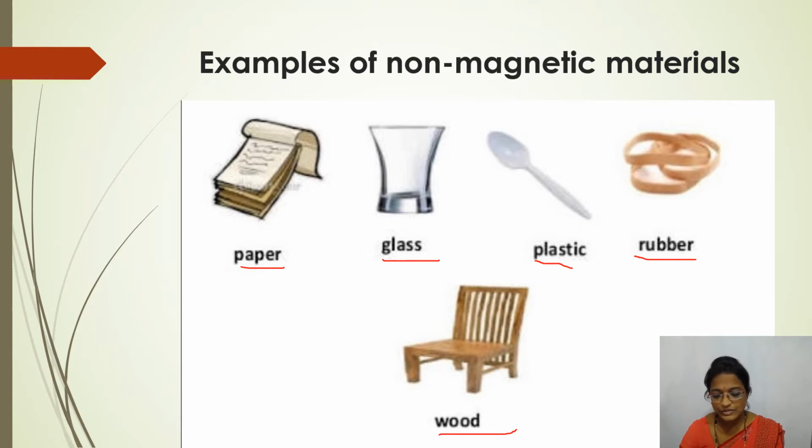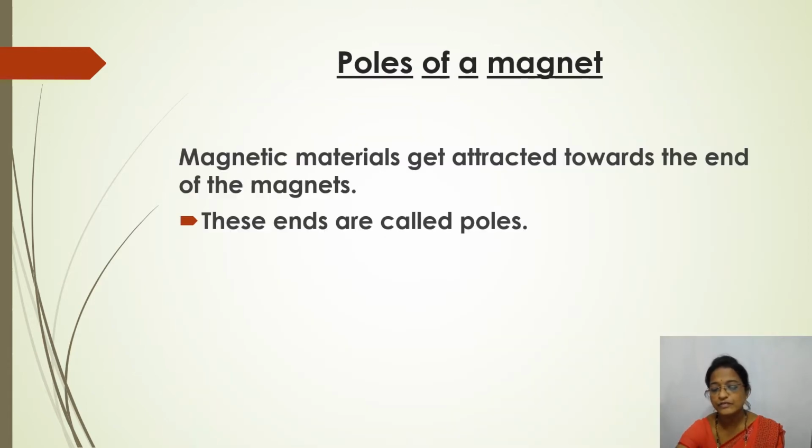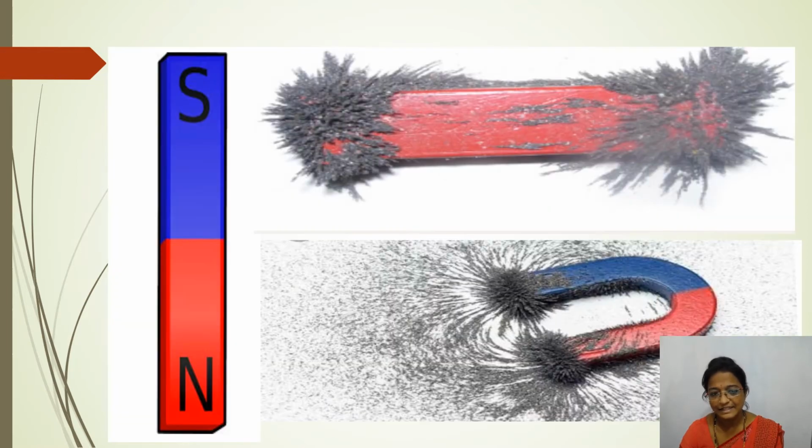Next, we have also learnt about poles of a magnet, isn't it? Magnetic materials get attracted towards the ends of the magnets. These ends are called poles. How many poles are there? Yes, there are two poles: one is North Pole and another one is South Pole.